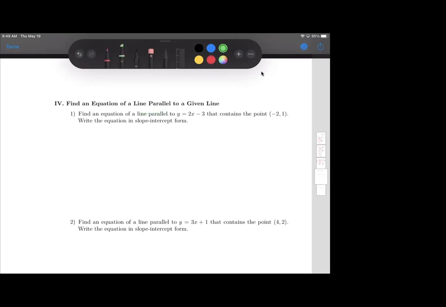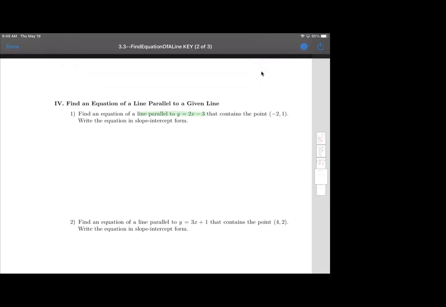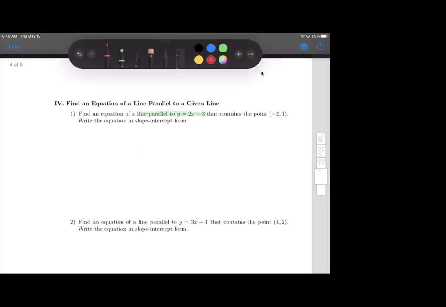Because it's parallel to this, I know the equation has the same slope. So this implies, well, it's in the slope intercept form, y equal 2x minus 3.